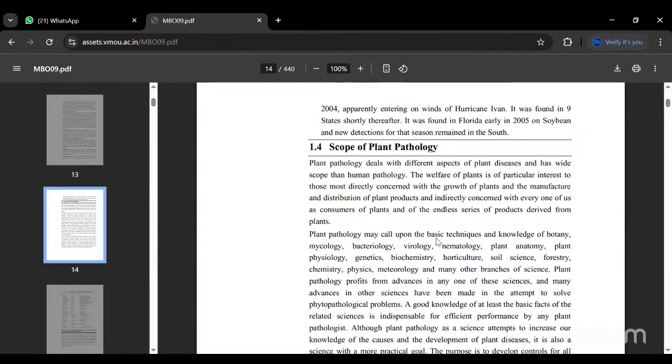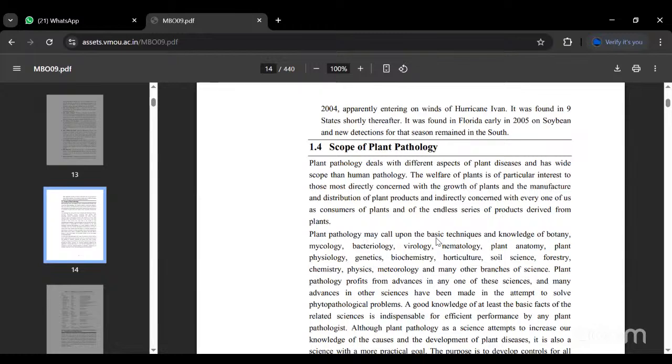Plant pathology deals with different aspects and has a wider scope than human pathology.